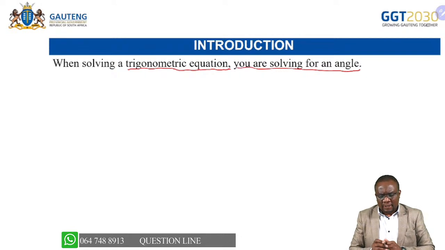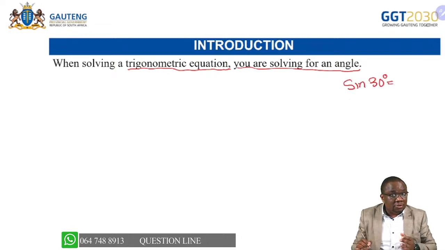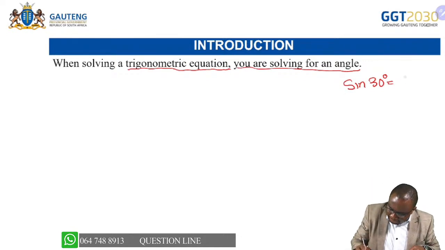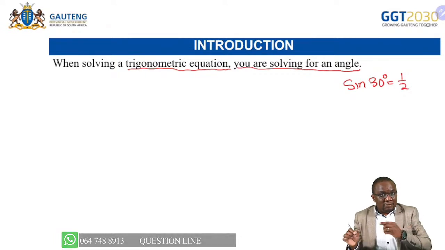Okay? Right, let me show you something. If I say, what is sine 30 degrees? You can use your calculator. You are getting the ratio, which is half. Okay? Sine 30 degrees is half. Remember special angles? Right. Now we found the ratio.